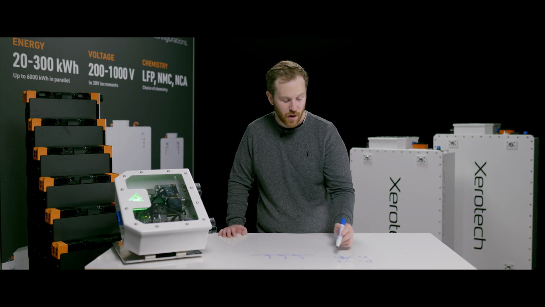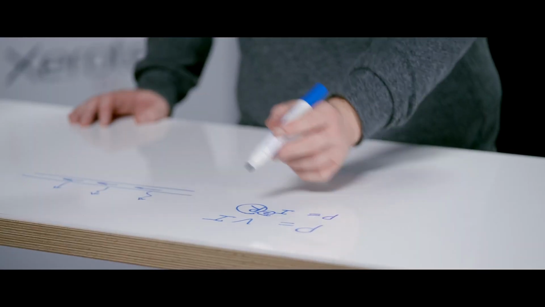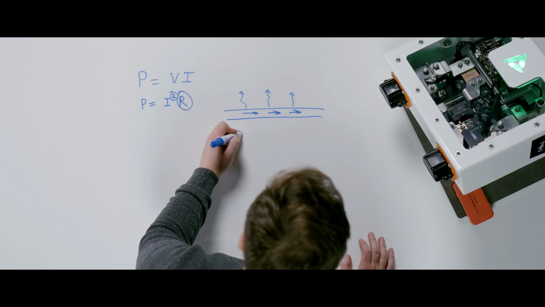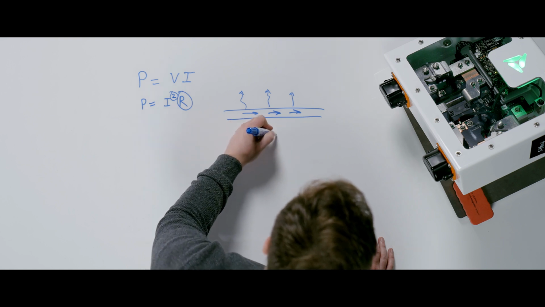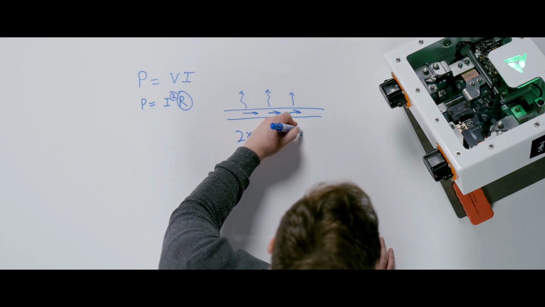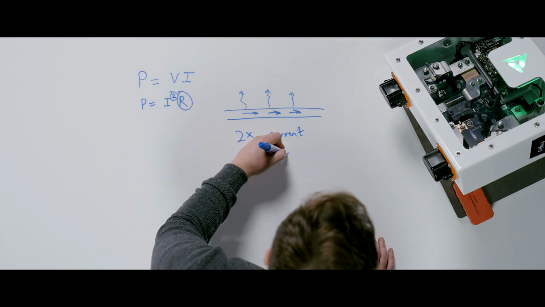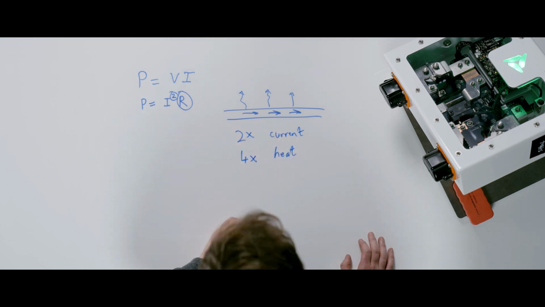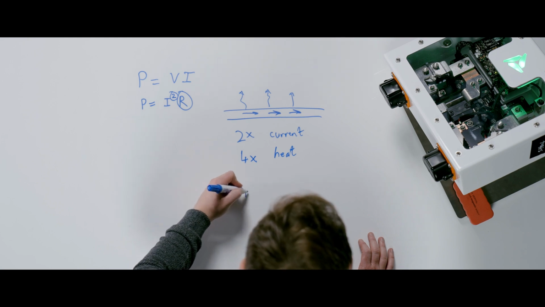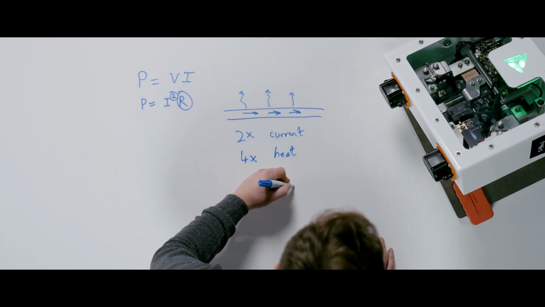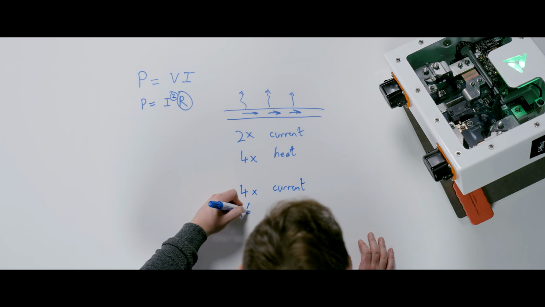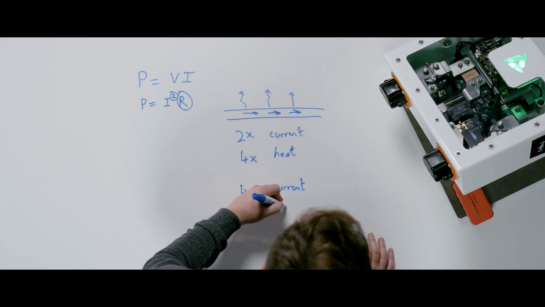What's really important here is that it goes up as the square. That means if you put 2 times the current through that wire, you're going to get 4 times the heat. Similarly, if you want 4 times the current, you're going to get 16 times the heat.